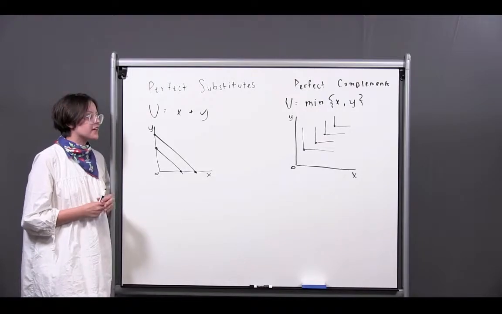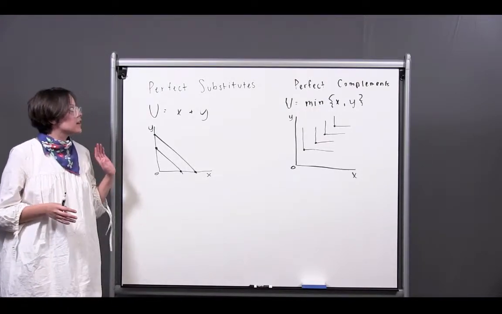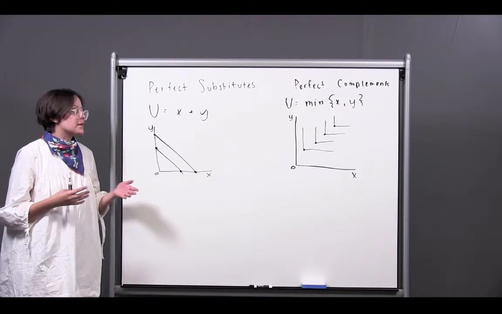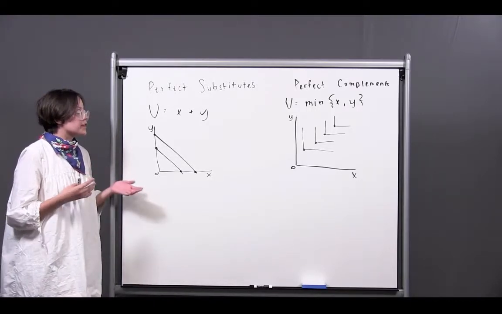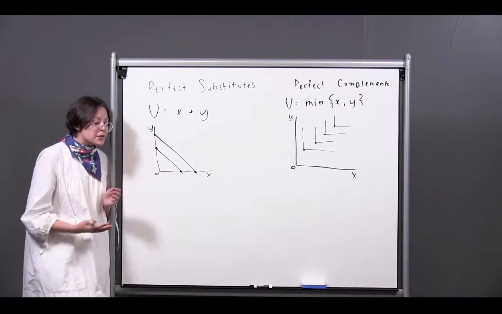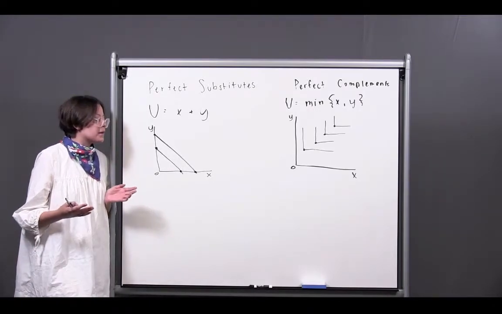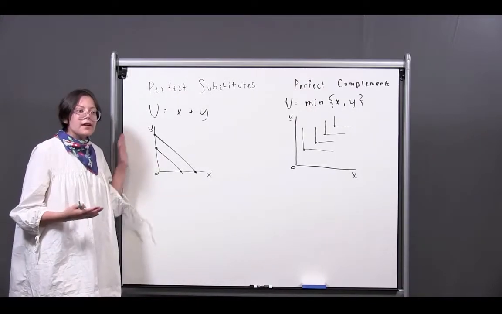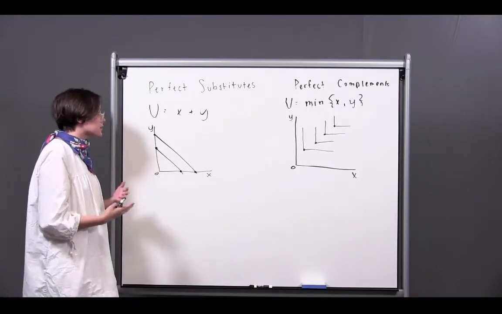Now that we have our two depictions of perfect substitutes and perfect complements, we can think about examples that articulate the relationships between x and y. With our perfect substitutes, maybe x is almond butter and y is peanut butter, and we're saying that they're perfect substitutes.